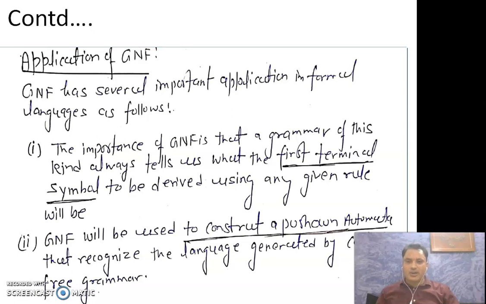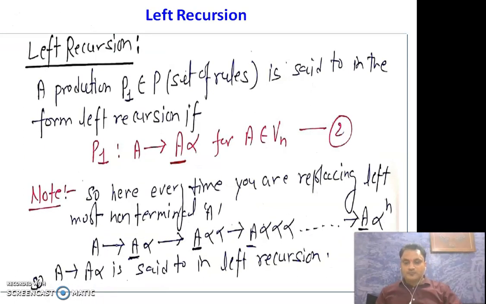The second very important application of GNF is that it will be used to construct the push-down automata that recognize the language generated by a context-free grammar. We will discuss the push-down automata in the next unit. So now another related topic will be discussed over here: left recursion.